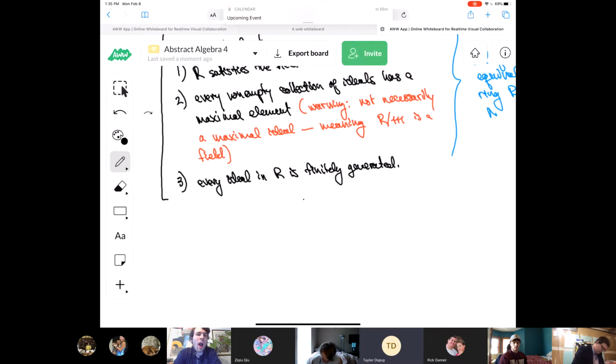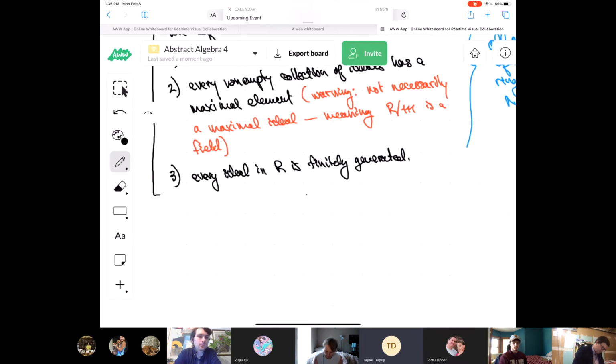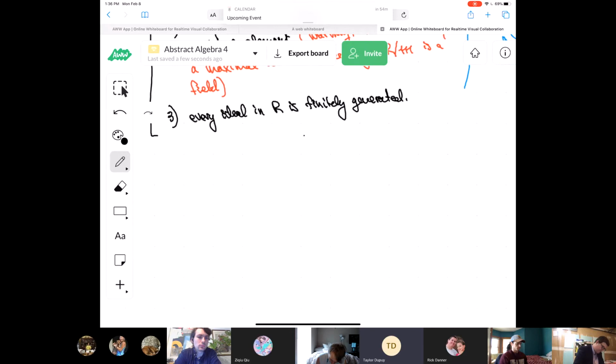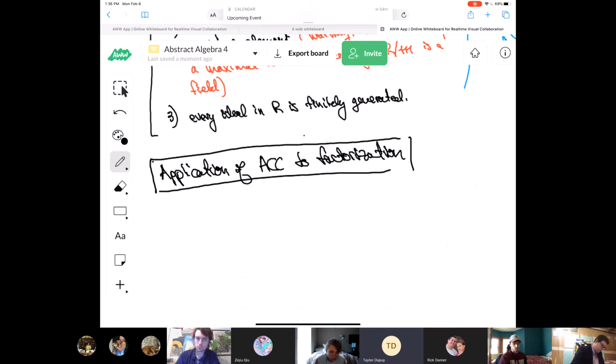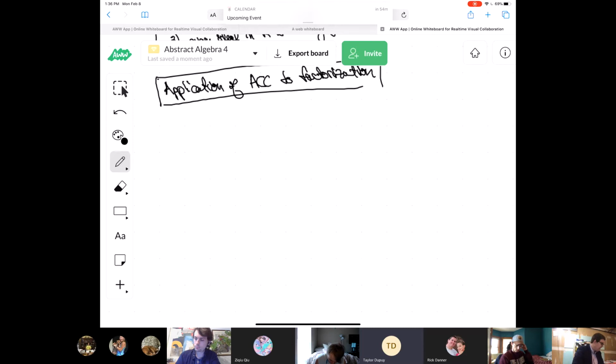This will be the application of the ascending chain condition to factorization. Okay, so let's do the theorem.